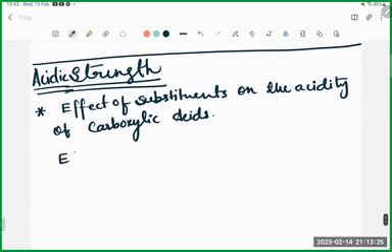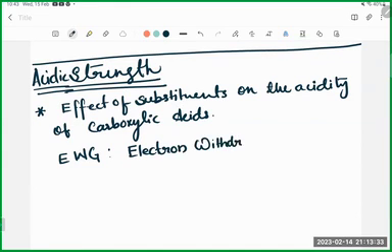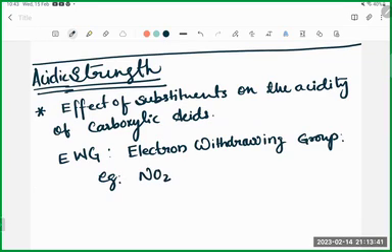Very simple, Hridaya. The first group is the EWG group. What do you mean by EWG group? Electron withdrawing group. What are the electron withdrawing groups? We have examples like the nitro group, NO2. If a NO2 group is present with the COOH, then we can say that group has an electron withdrawing nature. The CN group, cyanide, is also an electron withdrawing group.